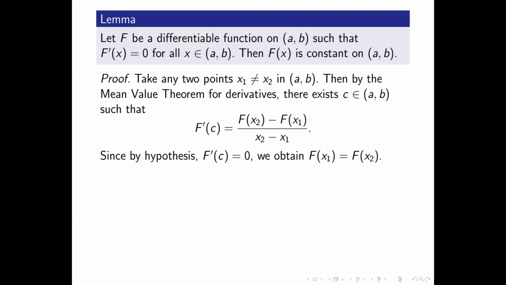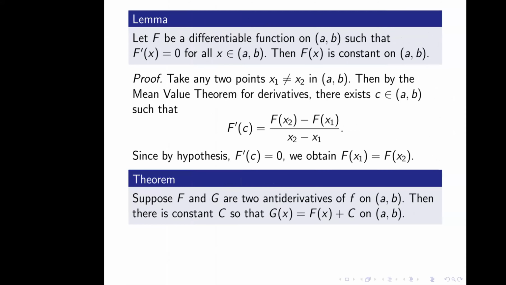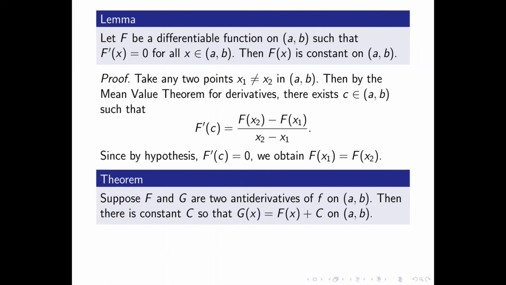Okay, so let's see how this implies the fact that any two antiderivatives of a function f differ by a constant. Suppose that you have two antiderivatives of f, capital F and G here.